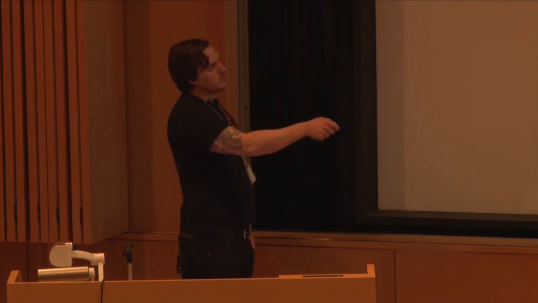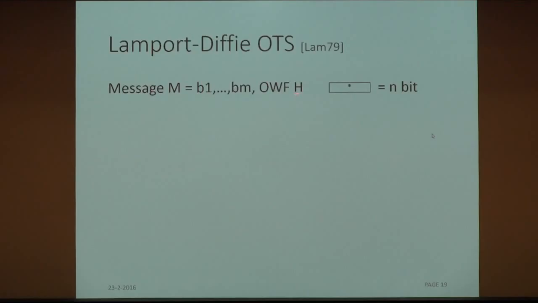The first scheme was developed by Lamport, and some papers call it Lamport-Diffie OTS, so I stick to this name. It considers an m-bit message with bits b1 to bm. It uses a one-way function h, which formally would be assumed to be sampled from some function family, and such a block denotes n bits.